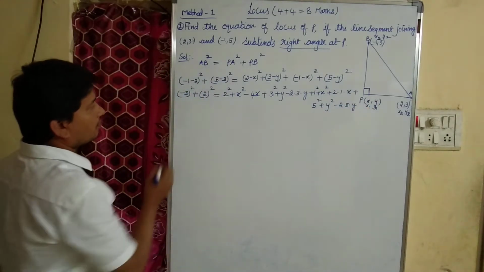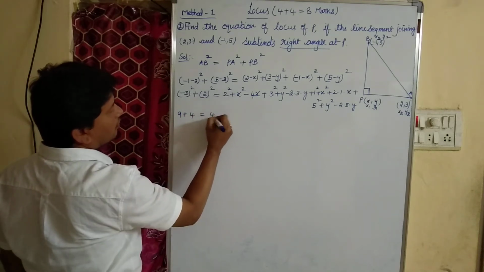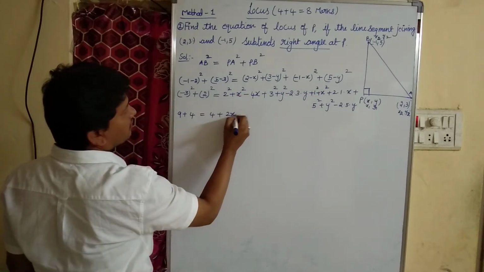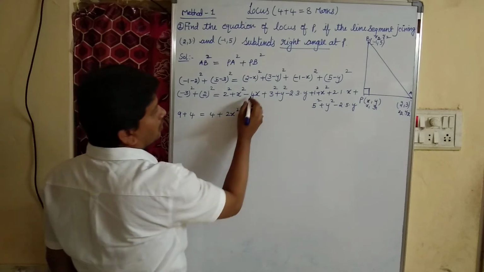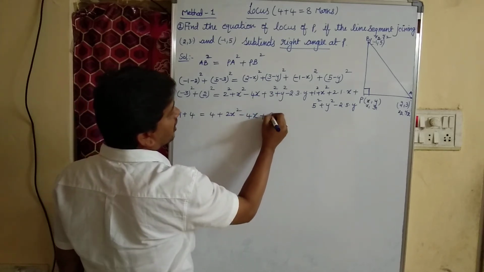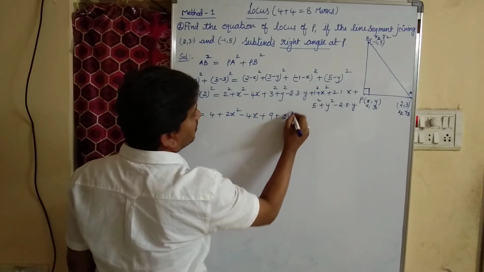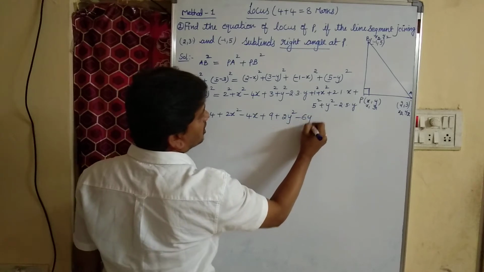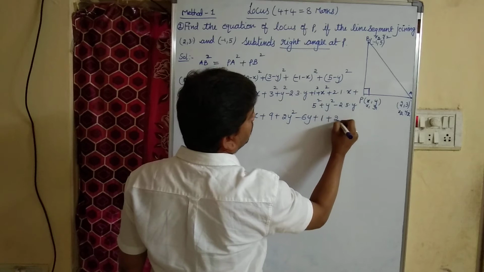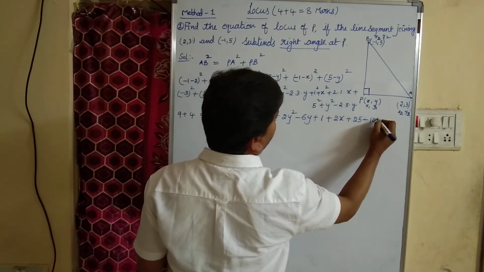Now 3 square 9, 2 square 4, x square plus x square 2x square, minus 4x, 3 square 9, y square plus y square 2y square, 2 3s 6y, 1 square 1, 2 1s 2x, 5 square 25 minus 2 5s 10y.